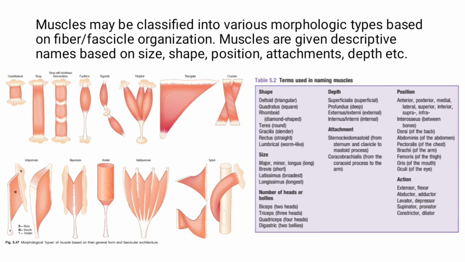The bicipital muscle of the arm is called biceps brachii, and the tricipital muscle is called triceps brachii. The quadricipital muscle of the thigh is called quadriceps femoris. The bicipital muscle of the thigh is called biceps femoris.